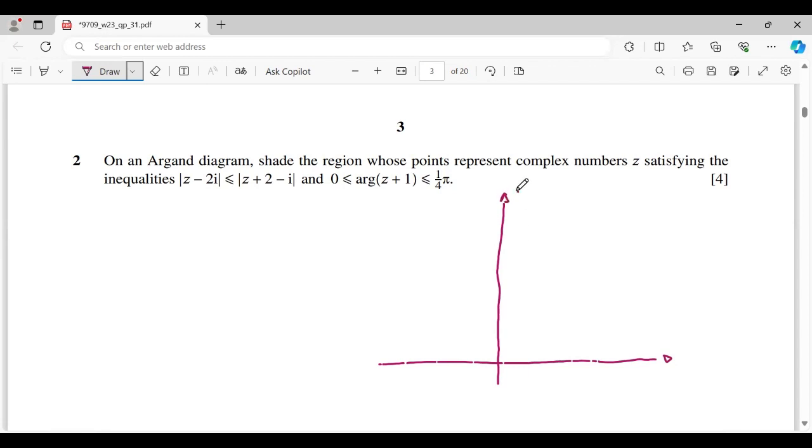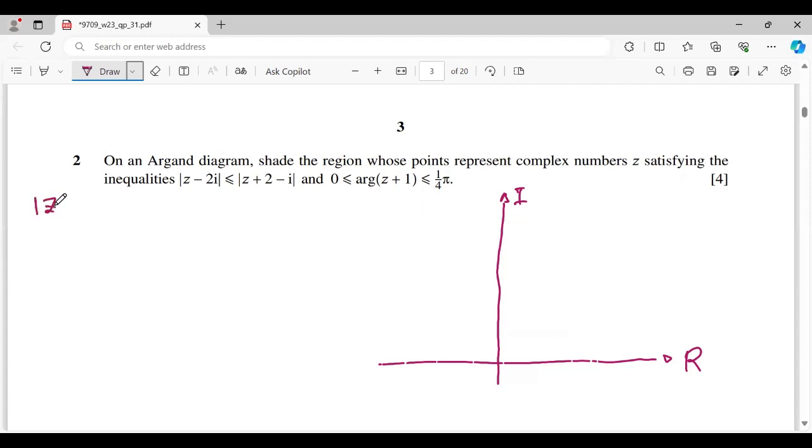This is the axis for imaginary and this is the axis for real numbers. The imaginary axis is the same as the y-axis, and the real axis is the same as the x-axis.